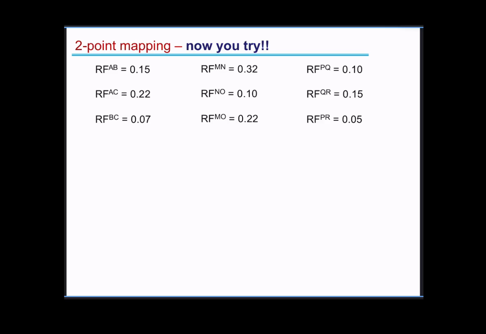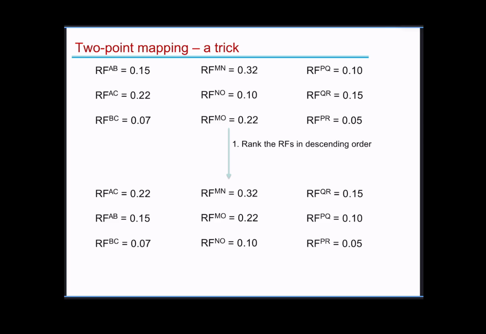Okay, I'm assuming that maybe you went through at least one of them. If you didn't, you can finish them later, but one thing that I wanted to do is share with you a trick to make this a little easier. So the first thing you do is you rank the recombination frequencies in descending order. You list the highest one first. Why is that? Because what that tells you is what the loci are on both ends of this map, right?